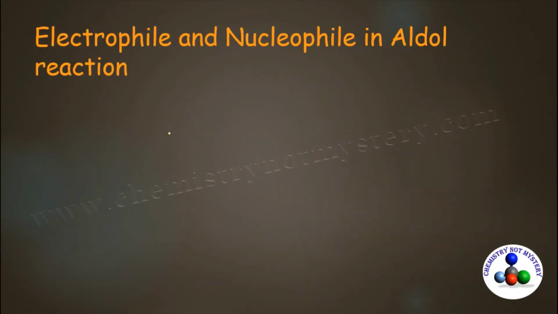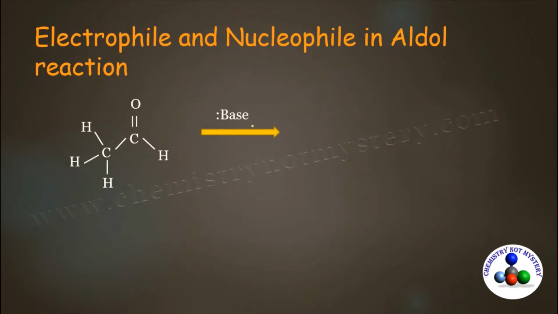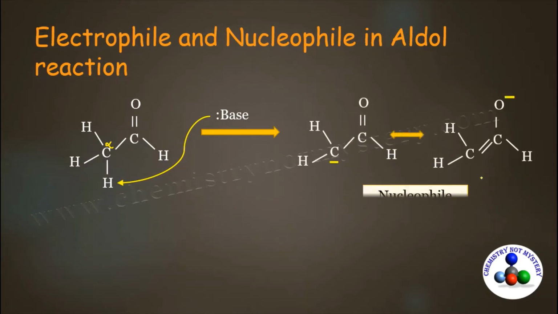Now let's revise the electrophile and nucleophile in the aldol reaction. As we have just discussed, when base abstracts alpha hydrogen from the aldehyde, it results in the formation of enolate ion. And this enolate ion acts as a nucleophile. Here this double bond will act as a nucleophile in the aldol reaction.